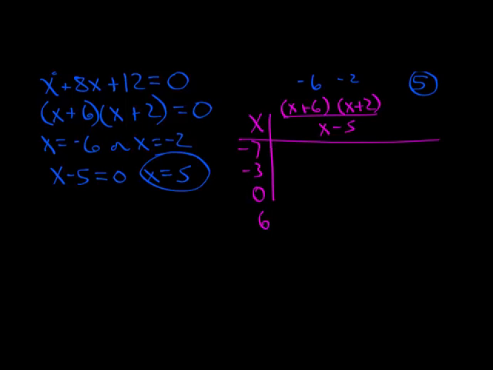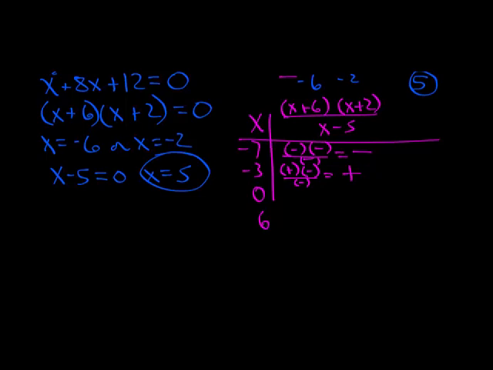Okay. Now, if I put in a -7, notice the top, I'm going to get a negative, and the bottom a negative. So I get 3 negatives, that gives me a negative. So it's negative over here in this region. Now, if I put in a -3, up top I get a positive, a negative, and on the bottom, a negative.